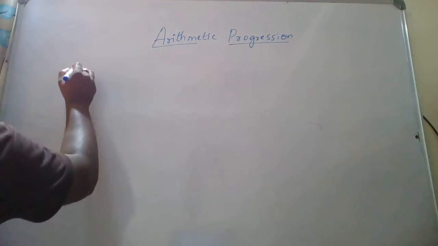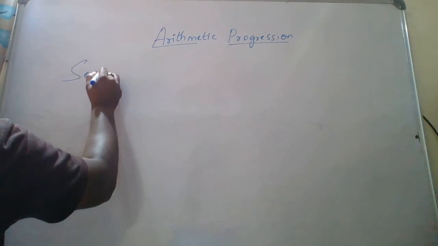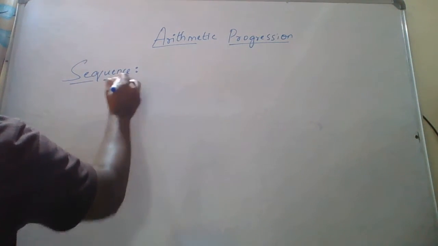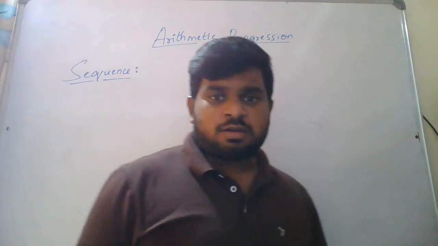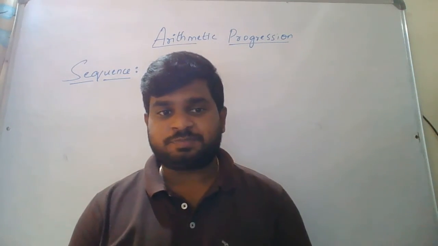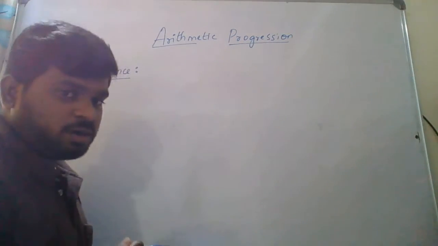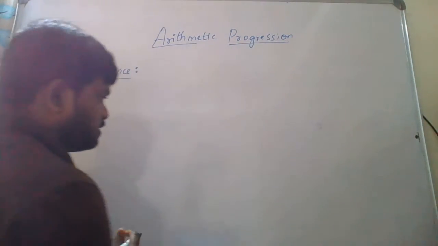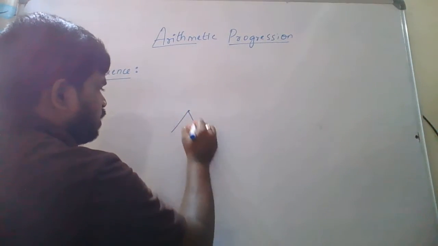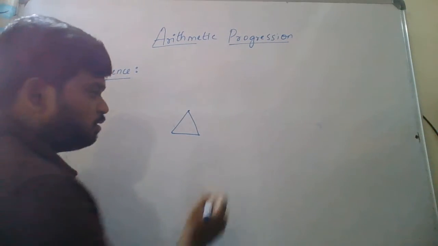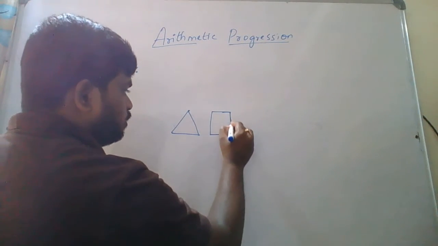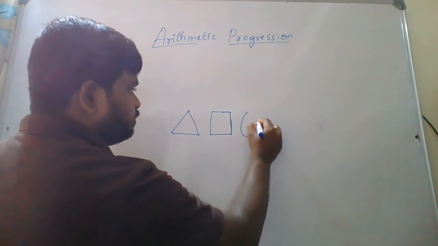Okay, so there is something called as sequence. Trust me, you have already learned this in your primary classes. If you remember, there was an exercise where when you were very small, a teacher would have given you this: triangle, square, let's say circle.